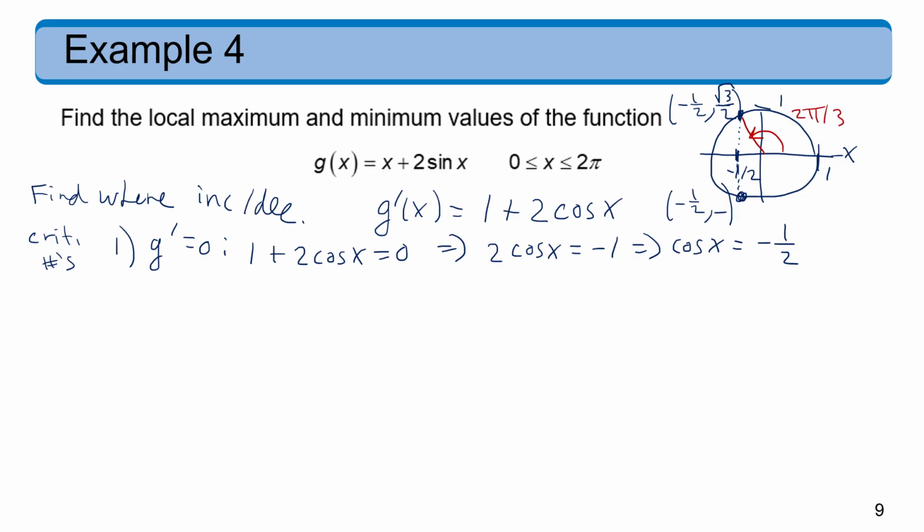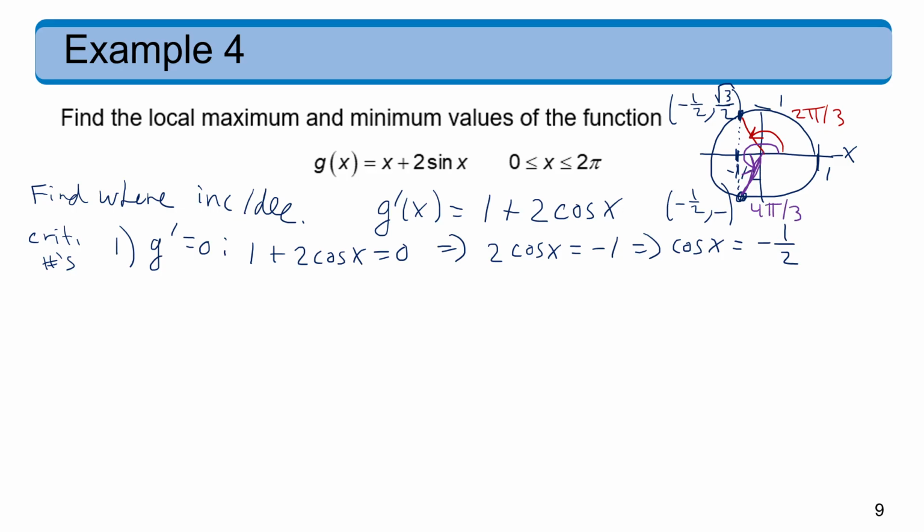And then same question for this other point. What angle takes you to that point? Well, if we count around in units of pi thirds, there's 1, 2, 3, 4 pi thirds. So the angle that I marked in purple is 4 pi thirds.